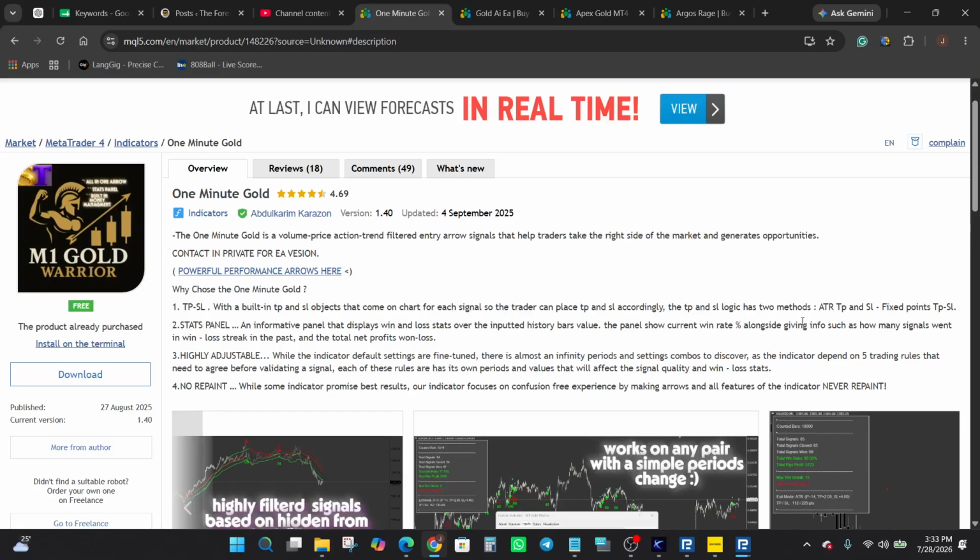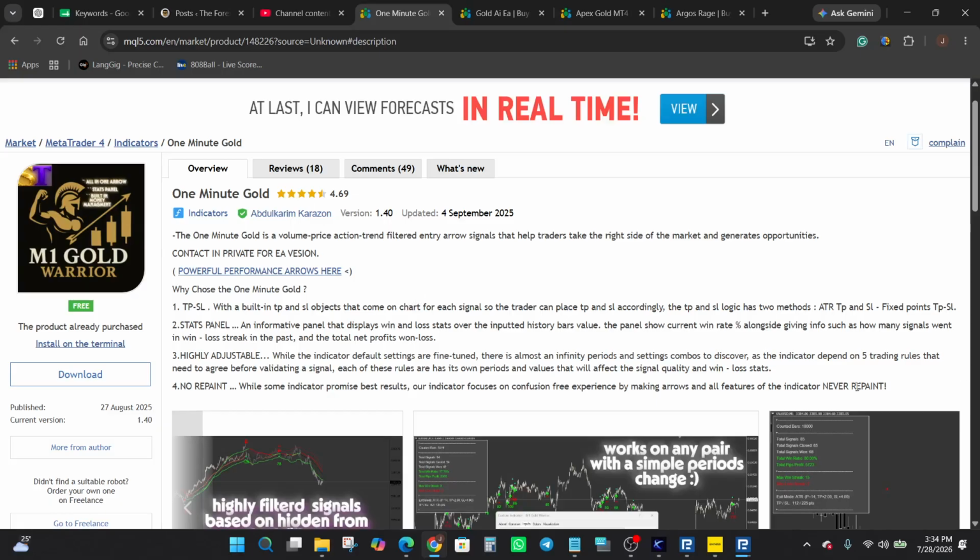As we can see, the indicator is currently available for free. You can download it for free, which makes it easy for traders to explore it without an upfront purchase. The current version shown here is version 1.4, updated on September 4th, 2025. Now, looking at the description, the developer explains that 1 minute gold is designed to generate entry arrow signals by combining volume, price action, and trend filters.